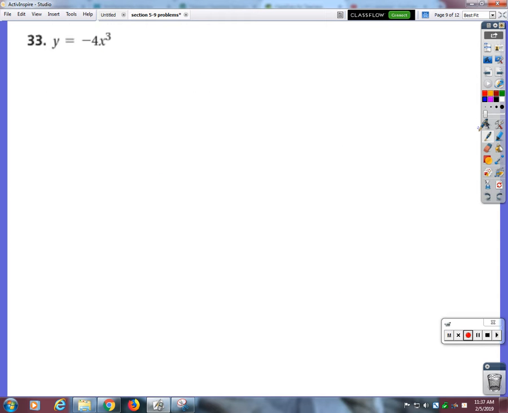Okay, 33. So can I start with y equals x cubed and get to y equals negative 4x cubed just by doing stretches, shrinks, up, down, left, right? Yes. What did I do to get there? Not down 4, not up 4.